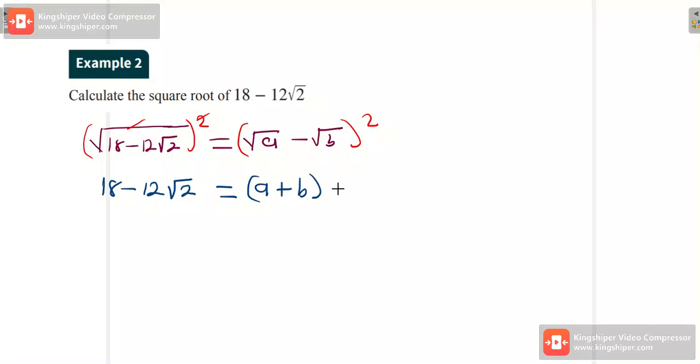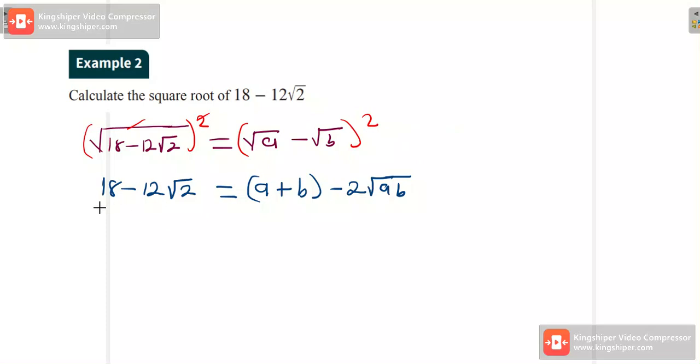Then when you finish, you multiply 2 by root a and negative root b, and that will give us negative 2 root of ab. I just use the shortcut approach. However, you can multiply this expression by itself and take the expansion step by step. You will still get this.